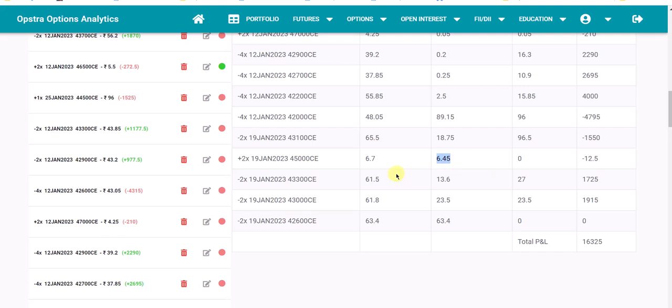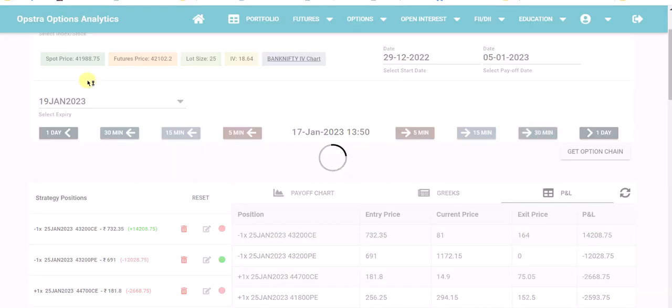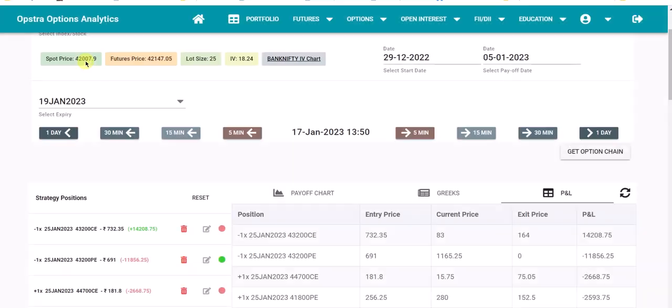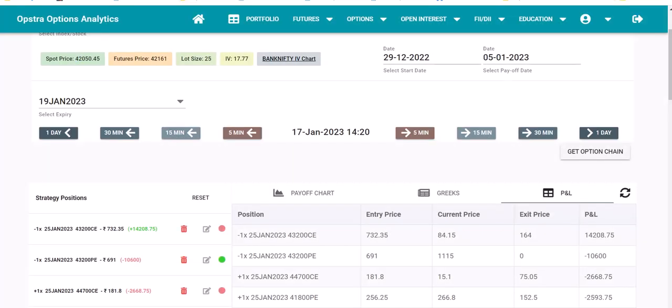And what about the put? It is at 1:10. So let's move. 42, not much movement. We are still fine.